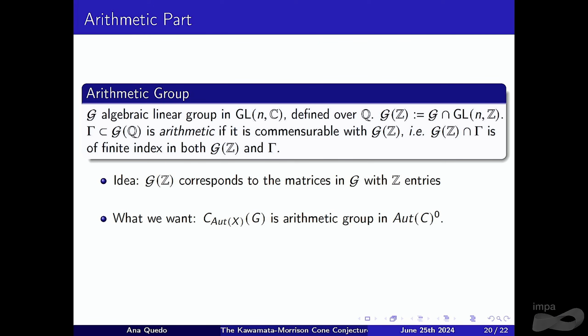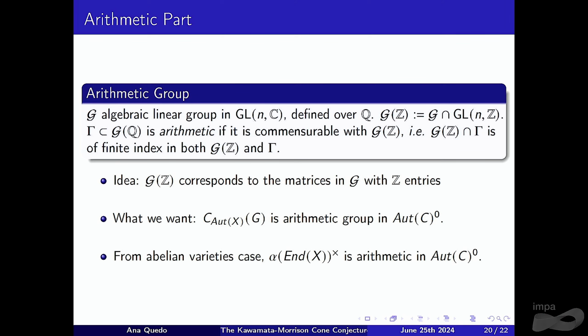And what we want is that this is an arithmetic group in the connected component of the automorphism group. And for the Abelian case, we know that this is arithmetic.